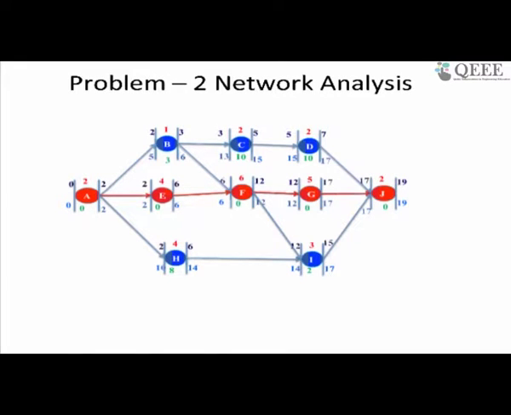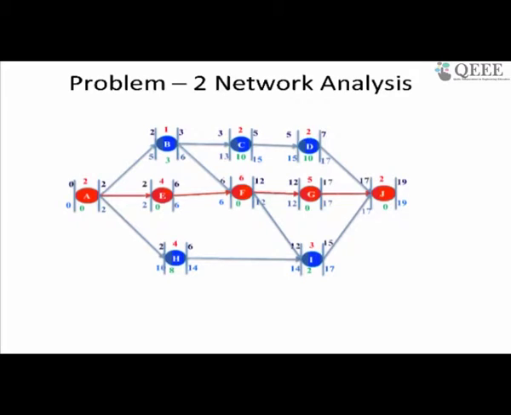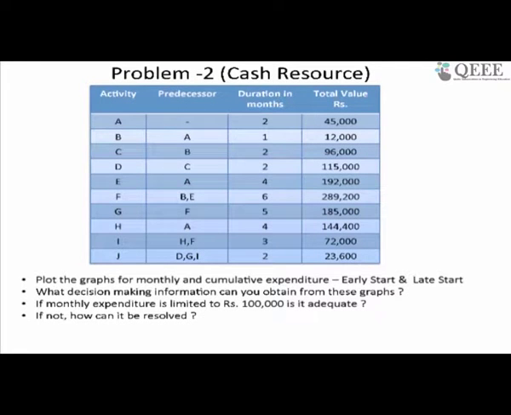This is the network we have. I'm not going to ask you to solve the network here, but please do it outside this lecture because it will give you more practice. I'm making an assumption that the money is divided equally during the period. So here we had the total cost of the activity, or the total money to be paid for the activity, assuming it's divided equally.